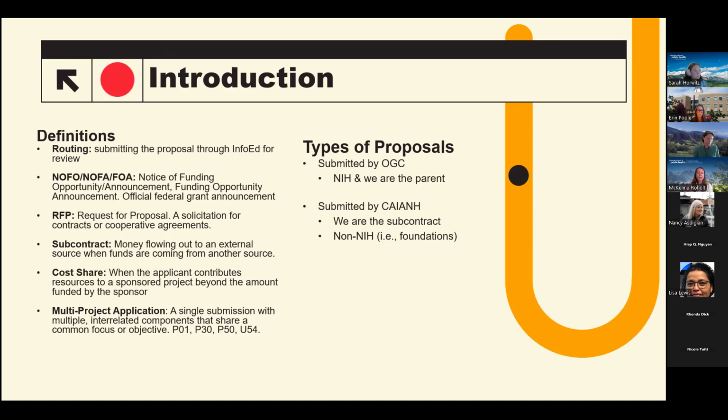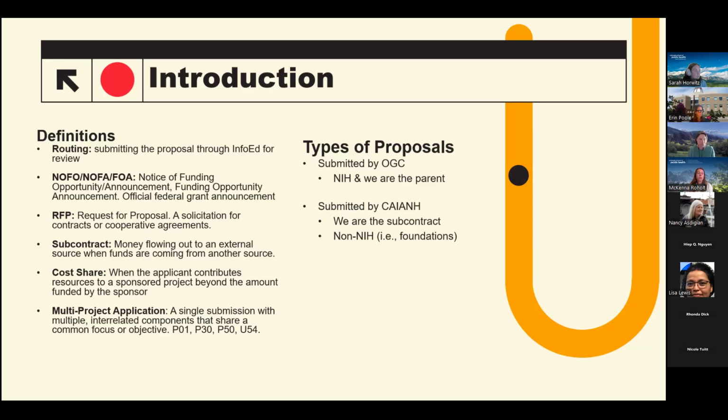And then a NOFO or a NOFA is the Notice of Funding Opportunity or Announcement. And this is an official federal grant announcement, which outlines the program purpose, eligibility, deadlines, and application instructions for an award. An FOA is an old term that's not really used anymore, but we did just include it here for reference.